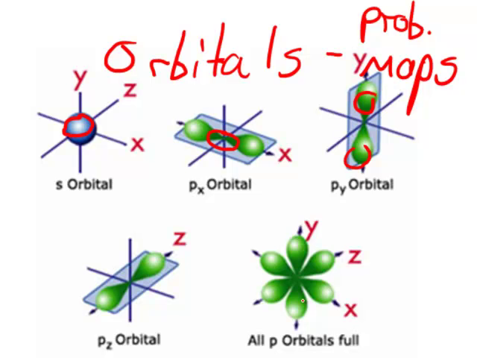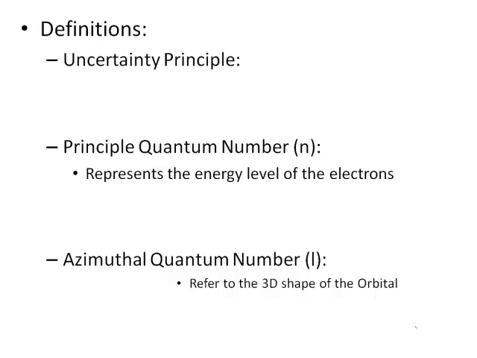They came up with the whole theory, and the theory had 4 parts, basically. It had 4 quantum mechanical numbers.